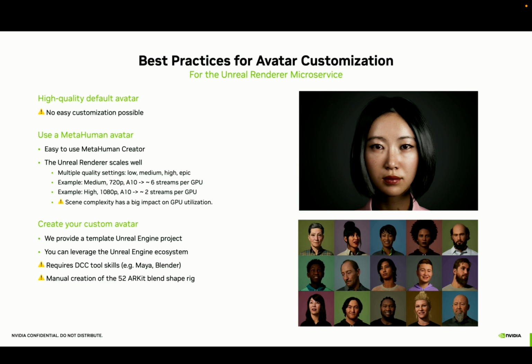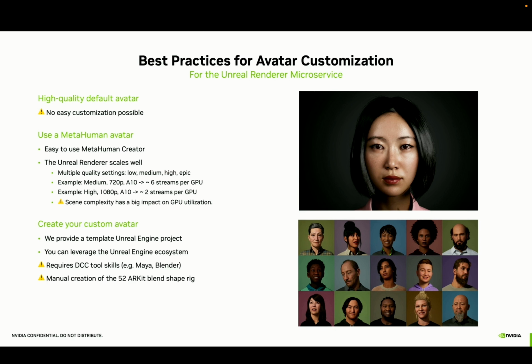Last but not least, there's a third option to create a custom avatar. For that, we will provide a template project which is set up with the most important functionality, and you can then drop in whatever third-party avatar you have from Reallusion or from any other provider. You can also leverage the Unreal ecosystem.